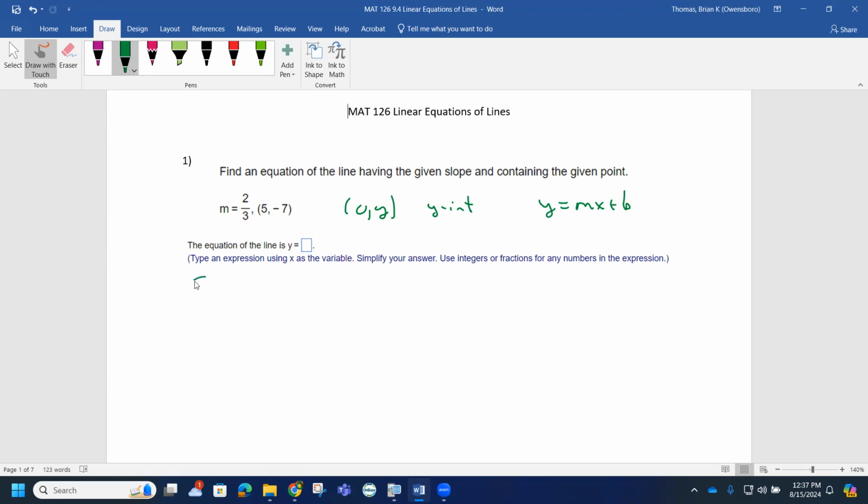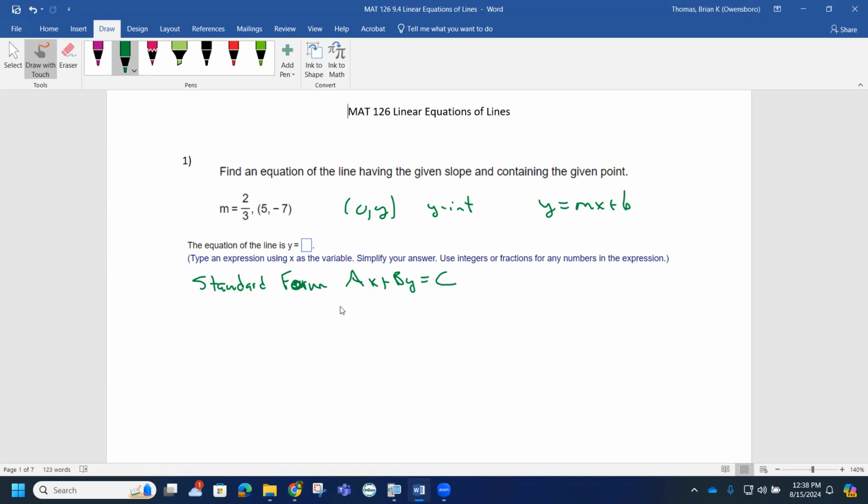So another type of equation is what's called standard form. It's going to be ax plus by equals c, but for standard form we really need to know more about the problem.